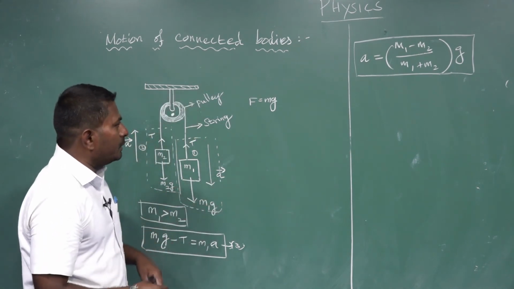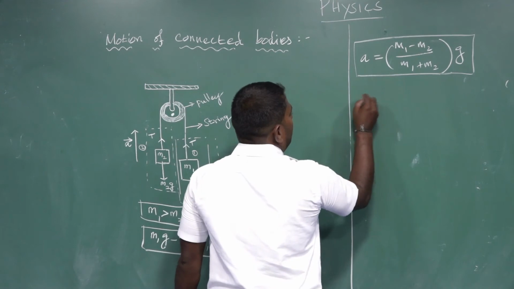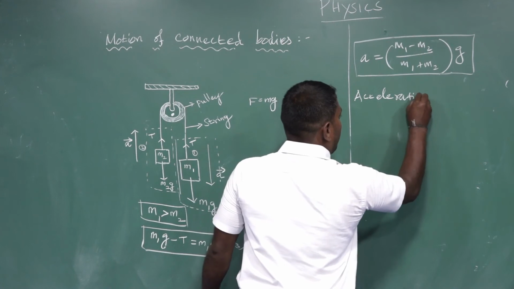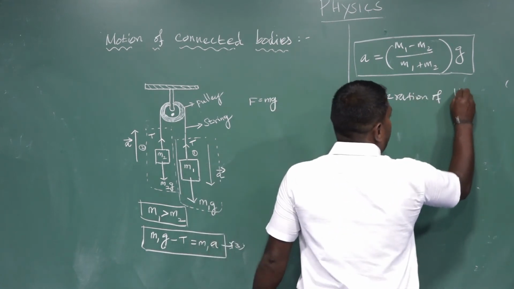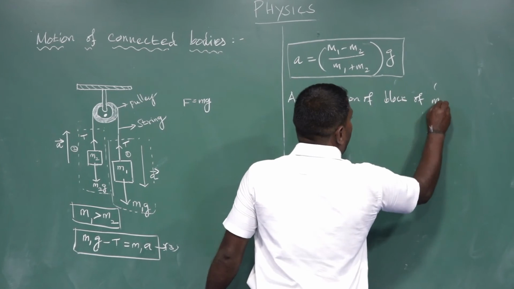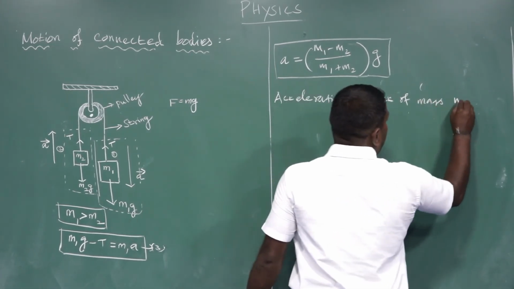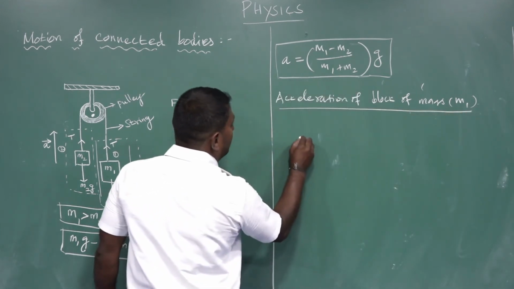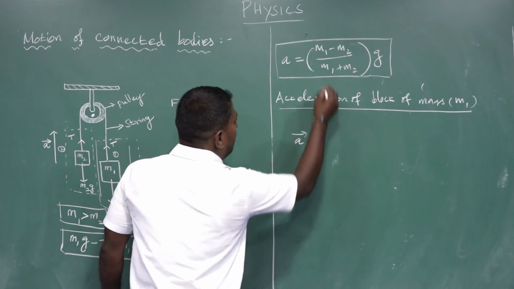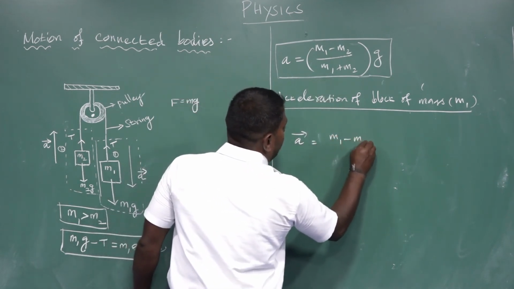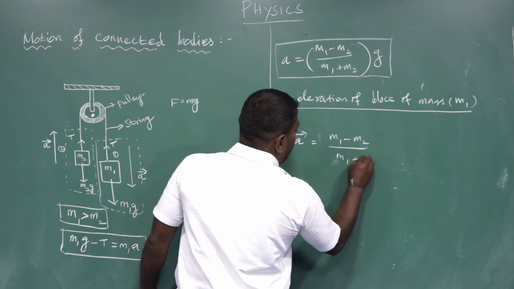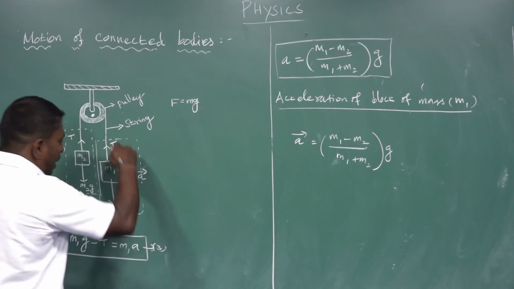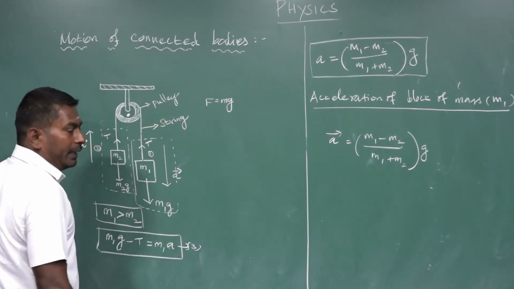So this expression gives only the magnitude of acceleration experienced by both the blocks. But in vector notation, acceleration of the block of mass M1. In vector notation, A vector is equal to M1 minus M2 divided by M1 plus M2 into G towards the negative y-axis.